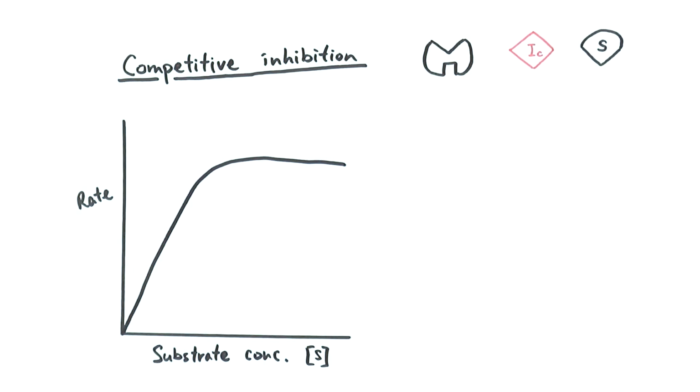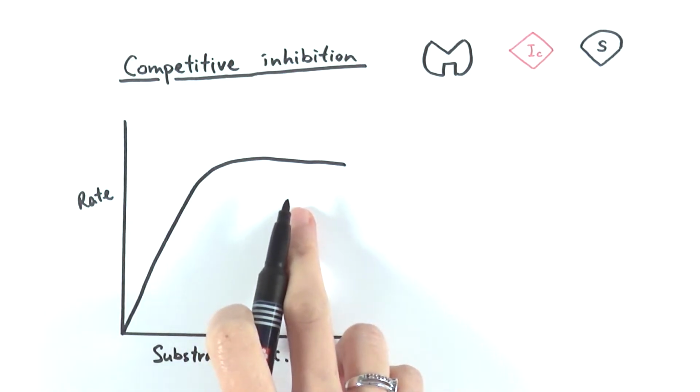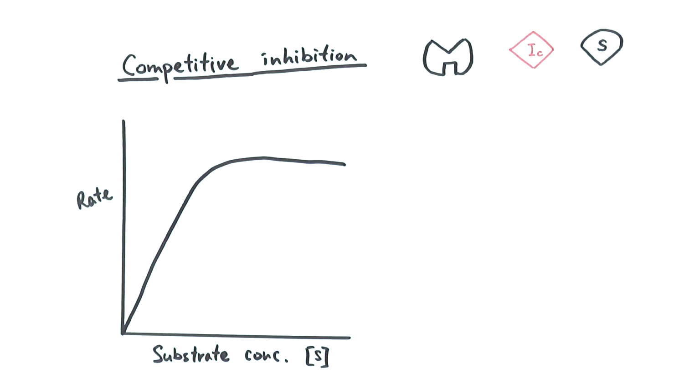As you increase the substrate concentration, the rate also increases, and then eventually it plateaus because all of the active sites are completely occupied. Even if you add more substrate, the enzyme is already working at Vmax, the maximum rate of reaction. So this is without the competitive inhibitor.